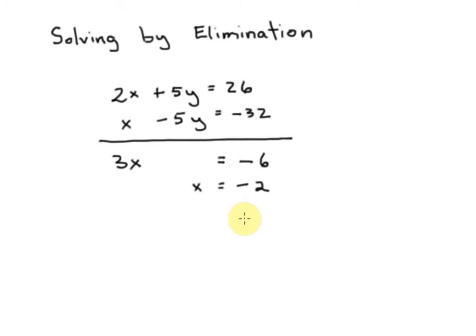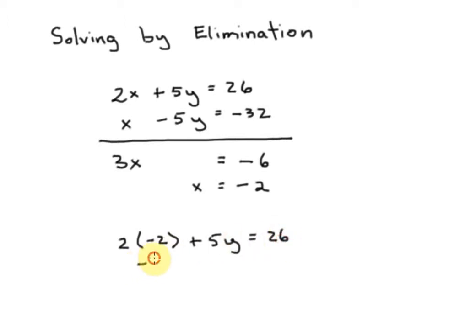I'm not quite done. I still got to figure out what the y value is. So I now just pick one of these equations. Doesn't really matter which one. Say I use the top equation. And since I know that x is negative 2, I'm just going to plug in the negative 2 where the x is, and figure out what the y value would be. A little bit of algebra here. So let's have a look.